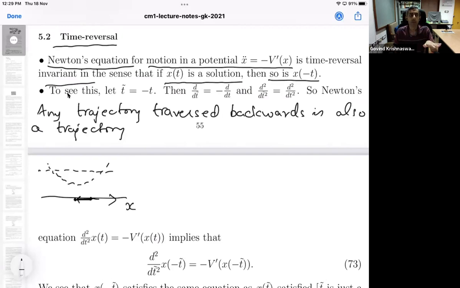This is nothing about going back in time or anything of that sort. It just means you take a movie of a solution, play it in reverse, forward in time, and that is also a valid motion. Any comments at this stage?